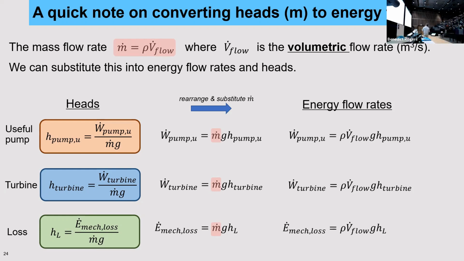So if you have a problem, as we'll see in a second or two, where the engineers are quoting the volumetric flow rates, which is quite often what they do, they say my fluid is water, my volumetric flow rate is so many meters cubed per second, you then know how to calculate your energy flow rates. Okay, so there is our mass flow rate substituted in.